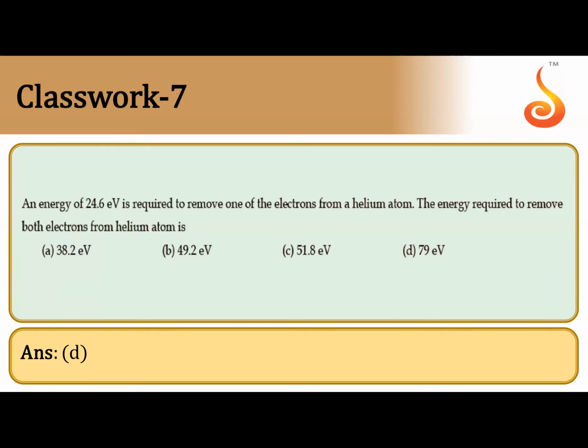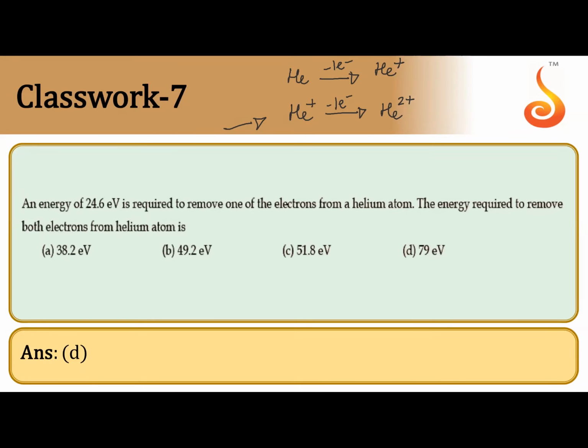So basically you're doing 2 steps. First, you convert helium by removing 1 electron, you get helium plus. Now from helium plus, you're removing 1 electron and getting helium 2 plus. The second step is hydrogen-like, so you can use that formula there.